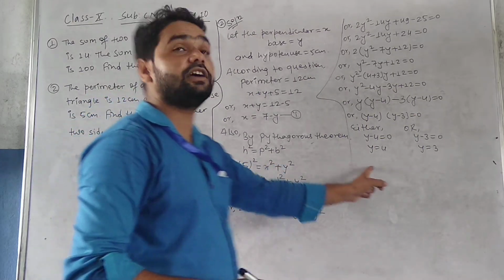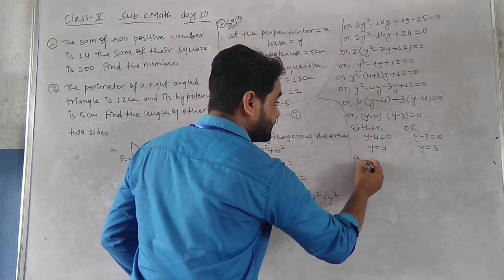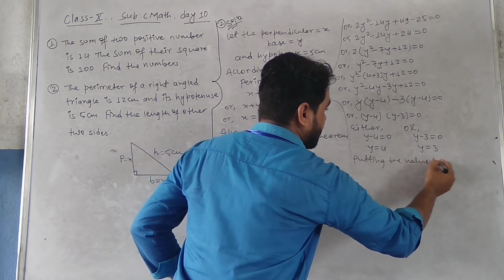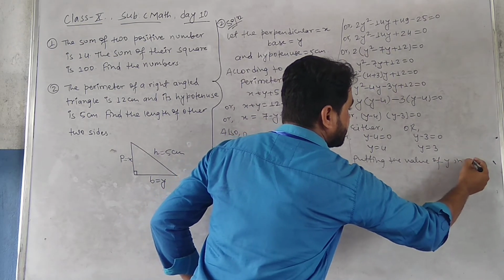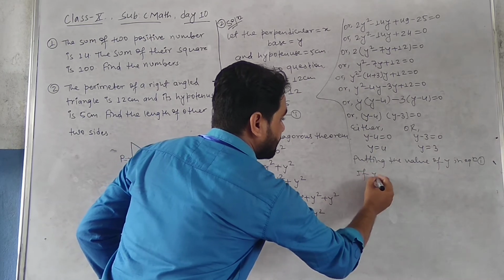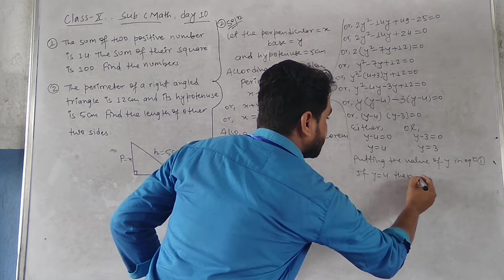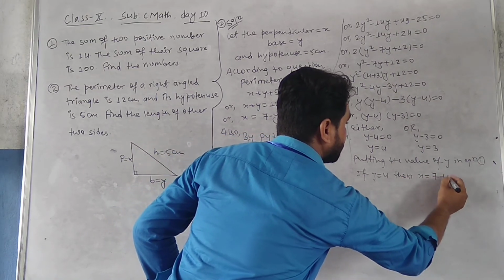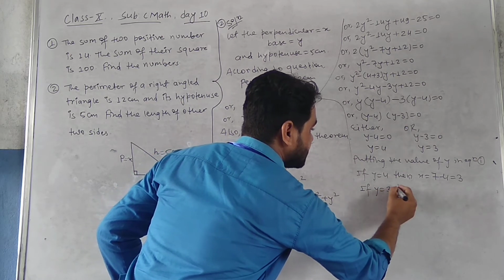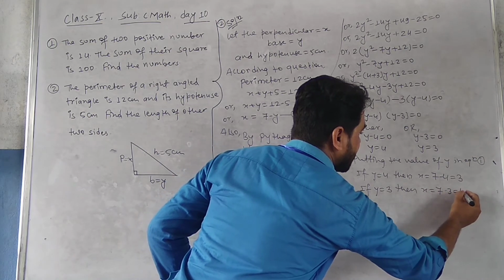That means we get two values of y. Now we put the values of y in the first equation. If y equals 4, then x equals 7 minus 4 equals 3, and if y equals 3, then x equals 7 minus 3, that is 4.